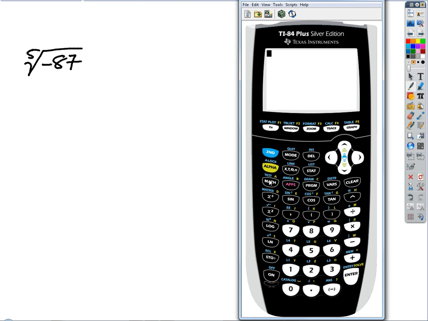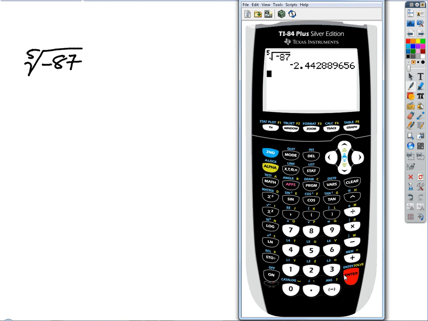So I want a 5th root, then I go math, 5, and it puts the 5 up there. If you don't do that, you can always go up there and change it in the calculator. Then I put in the -87, and it gives me a decimal answer, which is useful.